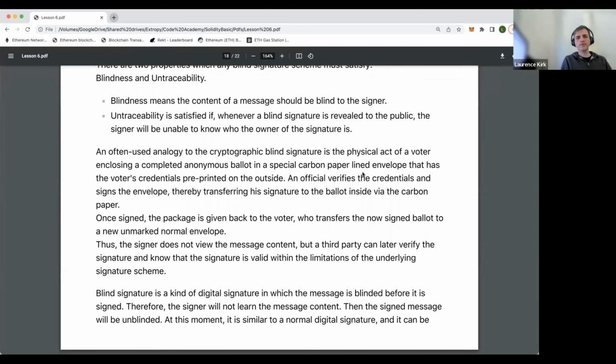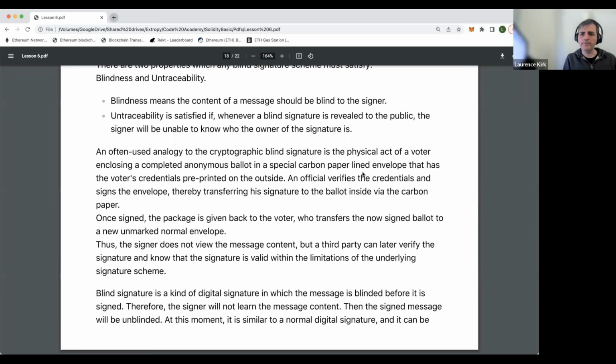So a nice way to think of them is to imagine somebody who wants to vote in a system and wants their vote to be verified as having voted correctly.